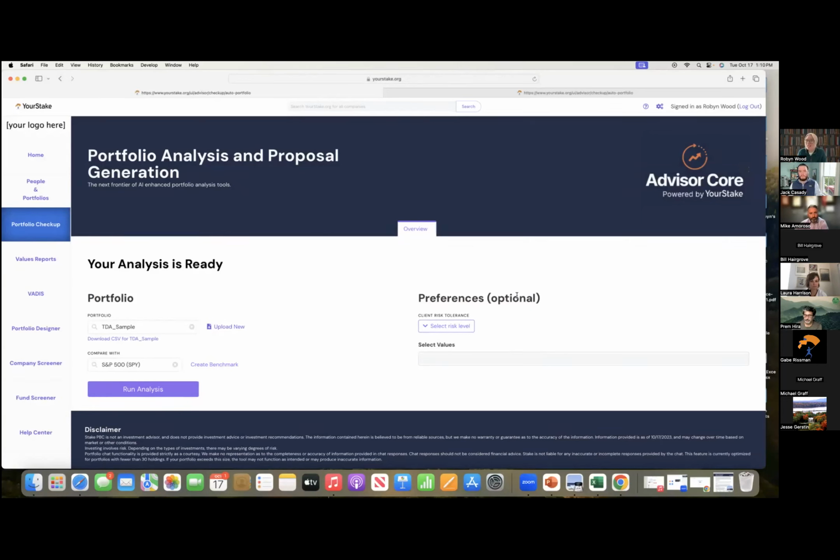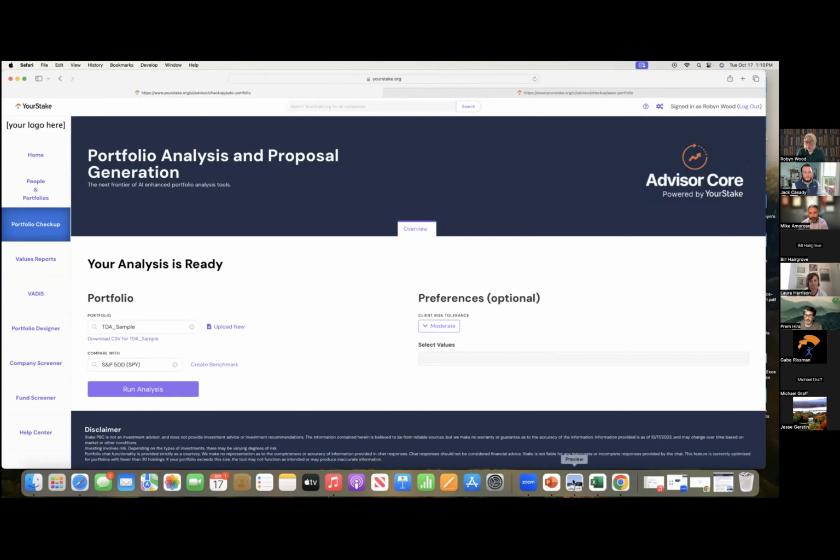Switching over here to these optional fields, risk tolerance. In the live site, we can choose, talking with this person through organic conversation. Maybe I'm just going to select moderate to see where this account lies on a risk spectrum.